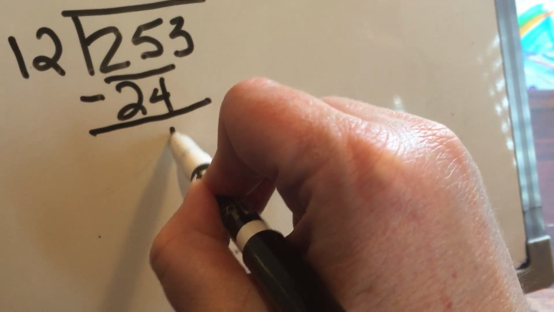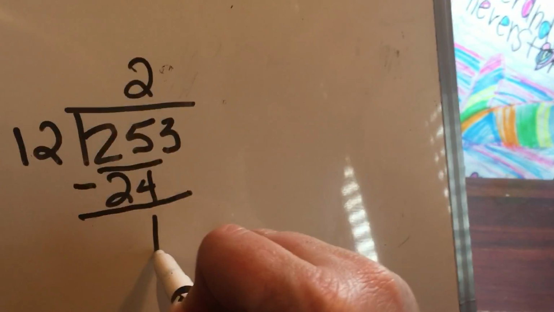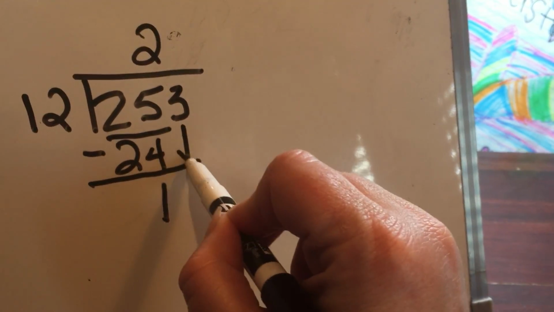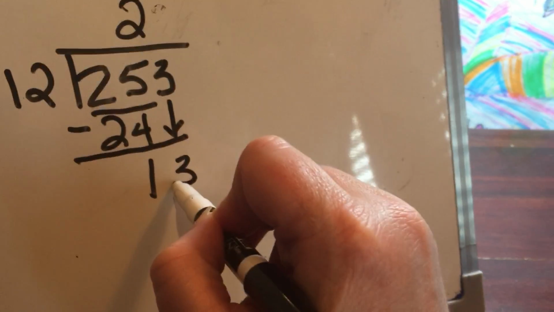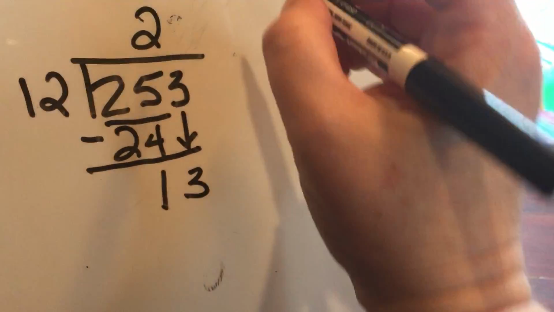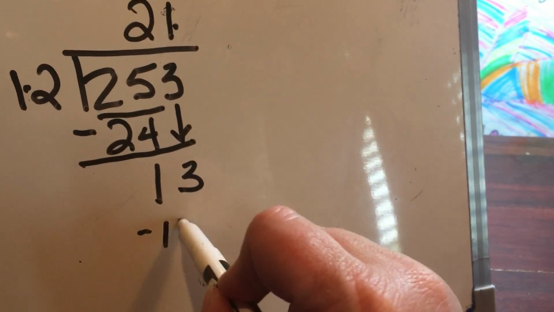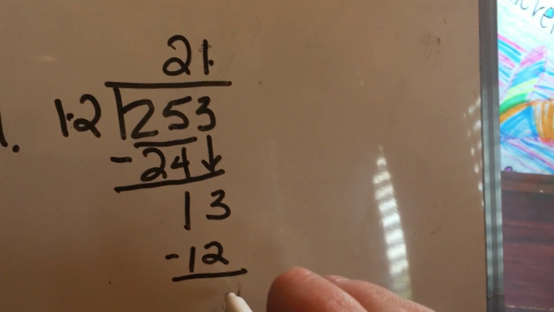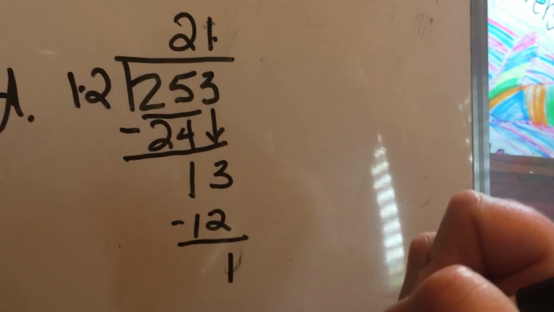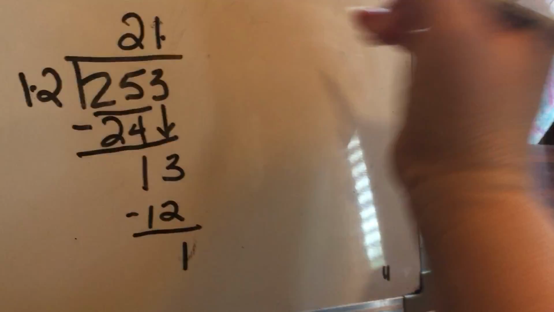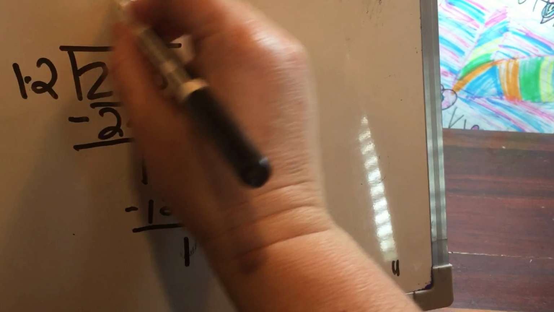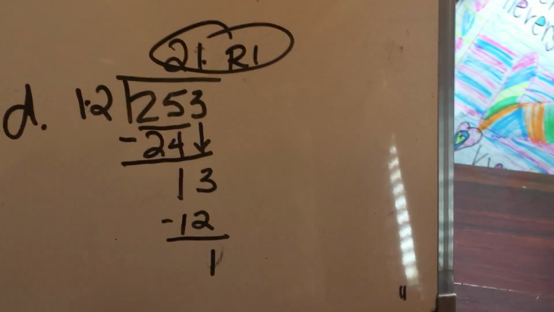Subtract, you get 1. You need to bring down your 3. 12 will go into 13 one time. 1 times 12 is 12. So you have a remainder of 1. 21, remainder 1. That is the answer to D.